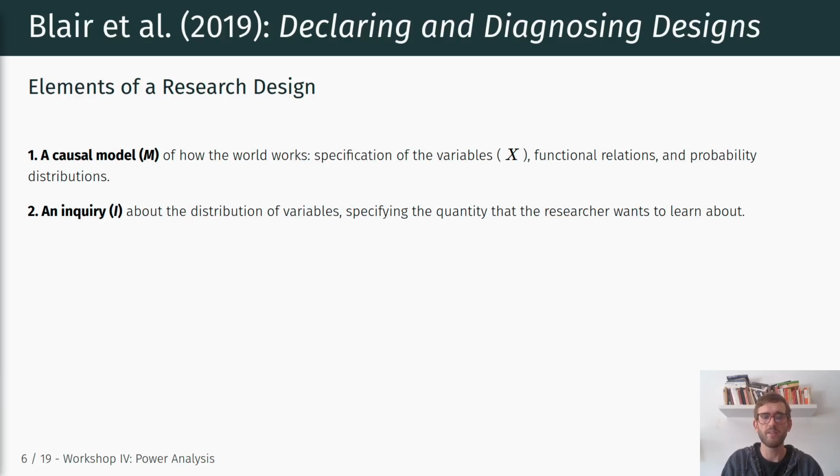Okay, then the second component of a research design is an inquiry, or I, about the distribution of variables. Right, so this specifies the quantity that the researcher wants to learn about. This is the underlying question. Do we want to look at the distribution of a difference in means, or things like that?